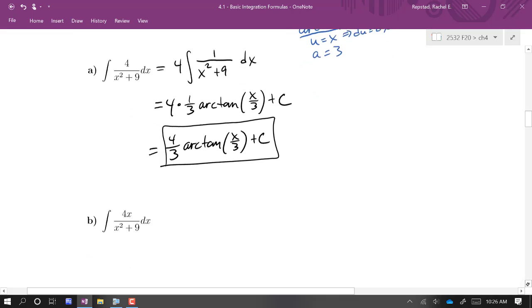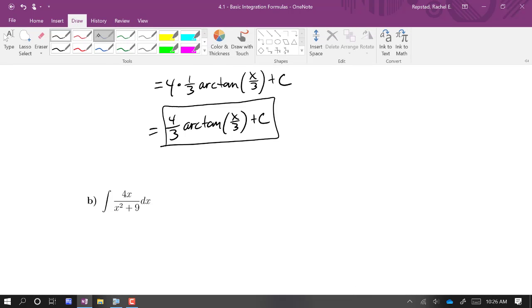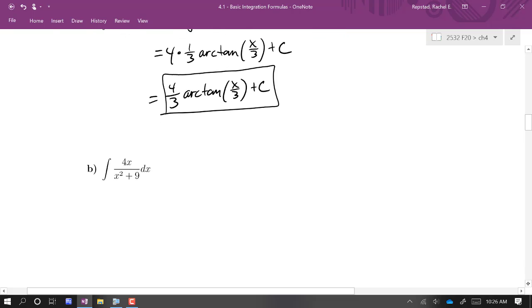The second one, once we throw a factor of x on the top, it is no longer an arctan form, right? The arctan form really is just the constant, or the dx just sitting there on top, not a factor of x. But this one can be done if we let u equal x squared plus 9, then du is equal to 2x dx.